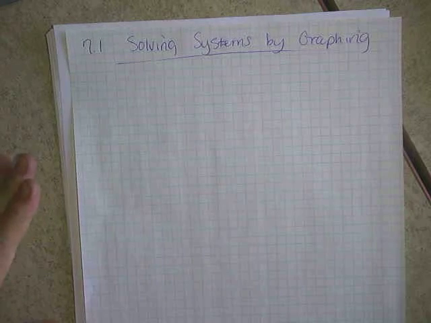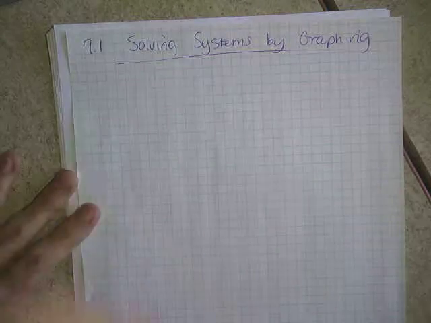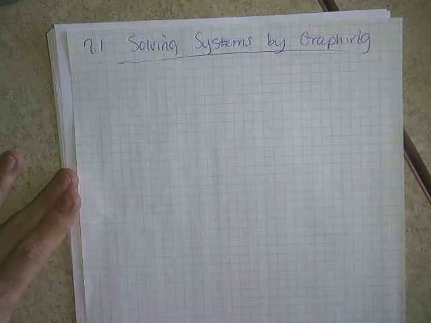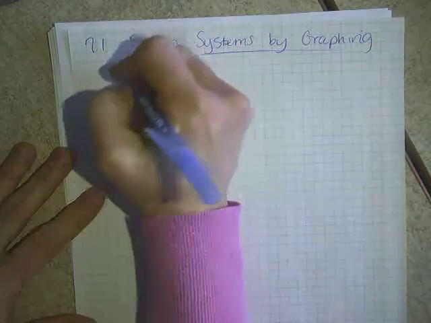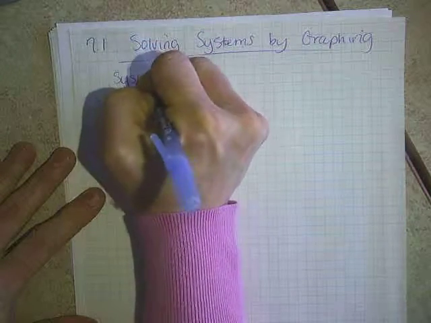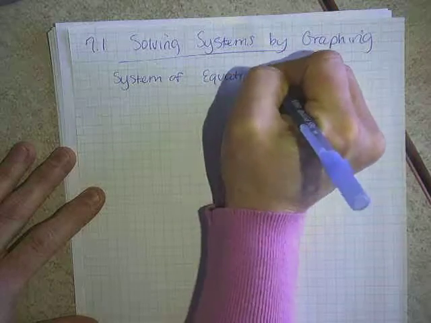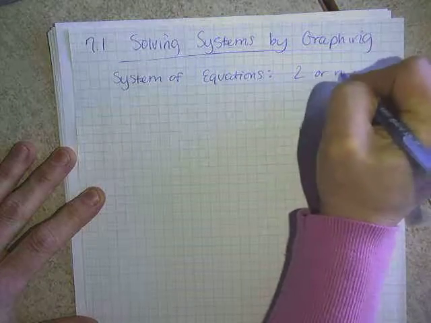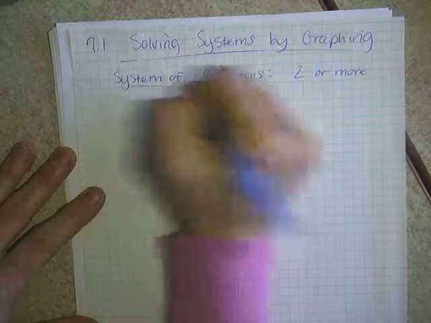All right, so we need to first make sure you understand what a system of equations is, okay? Obviously, you know what one linear equation is because we just finished a unit on it, but a system of equations is two or more equations.